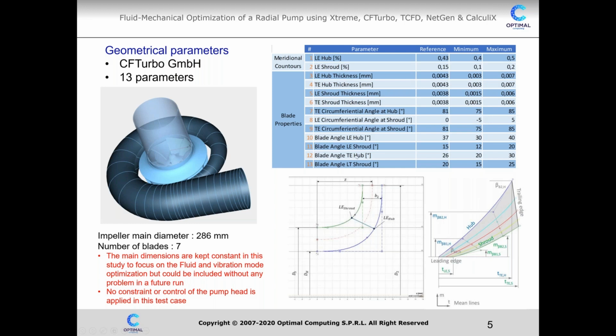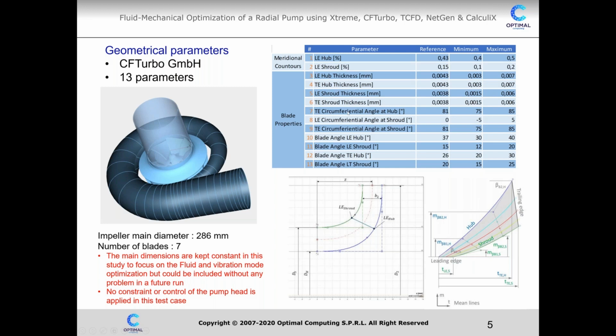They are listed here. So you have the position of the leading edge at hub and shroud here on the meridional plane. You have the 4 thicknesses at leading edge, trailing edge at the hub, leading edge, trailing edge at the shroud.